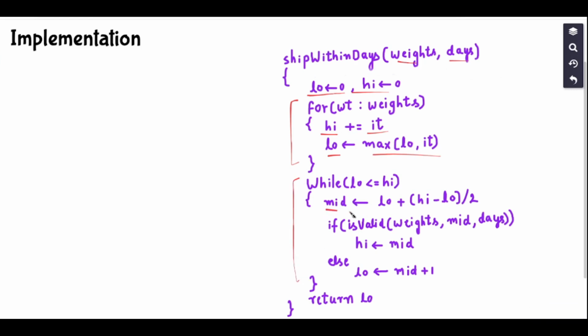I compute the middle element, and I check if this middle element is a valid capacity. So this is a valid function which checks if this mid is a valid capacity, or if I can use a ship of this capacity to transfer all the goods to the other side within this number of days. If it is the case, then I reinitialize the range to low to mid.